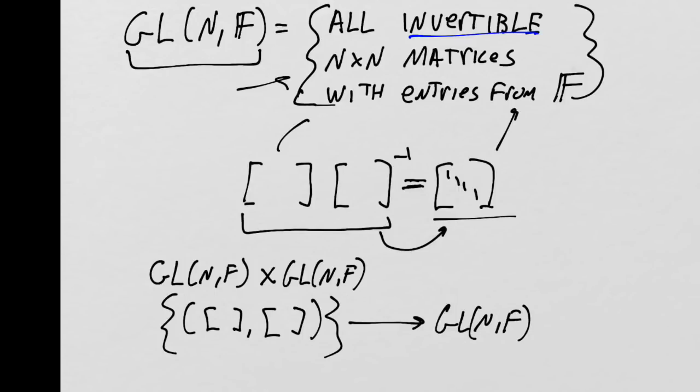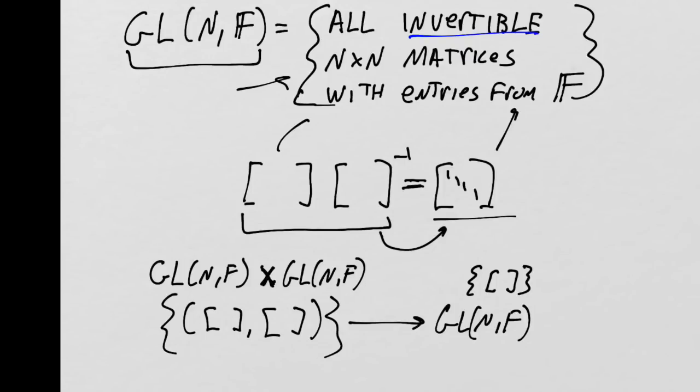It takes 2 elements from GLNF, and formally what you're doing is you're dipping into the set of all ordered pairs, and then each of those ordered pairs is mapped to a single matrix from this set of the general linear group. So this Cartesian product, remember, it shows up there to help us define these mappings.